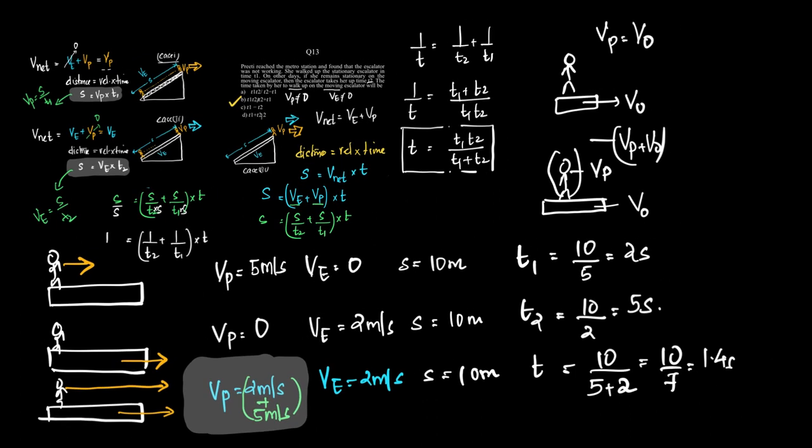If he moves on his own, he takes 2 seconds. If he moves with the help of the escalator alone, it takes 5 seconds. And when he moves along with the escalator, he takes less than the time taken by him moving alone, which explains the concept that the velocity is added when he is moving on a moving object.